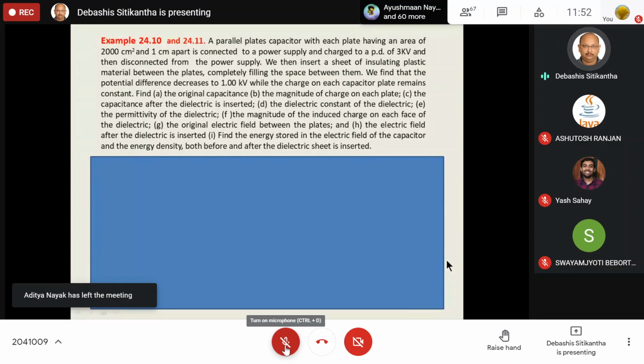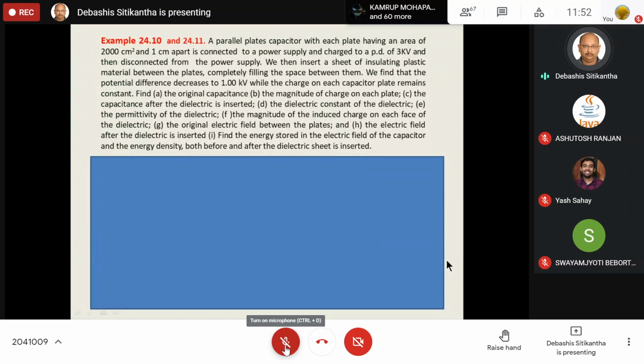We then insert a sheet of insulating plastic material between the plates. Before that it was vacuum, which was acting as the dielectric medium. Now you have inserted plastic, which behaves like the insulating material or the dielectric, completely filling the space between them. We found that the potential difference decreases to 1 kV while the charge on each capacitor plate remains constant.